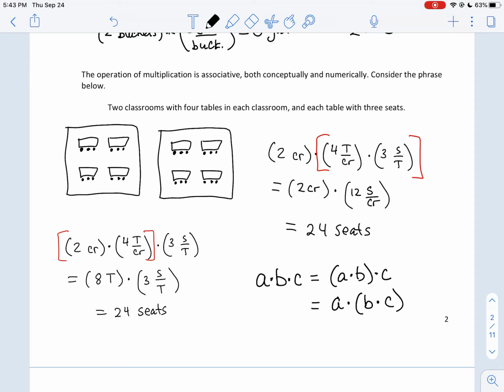Because it doesn't matter which ones you do first, you can just write this without any parentheses because it's open to the reader to decide which multiplication they want to do first.